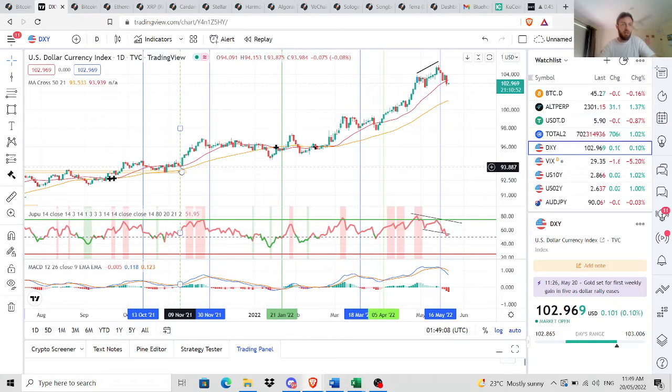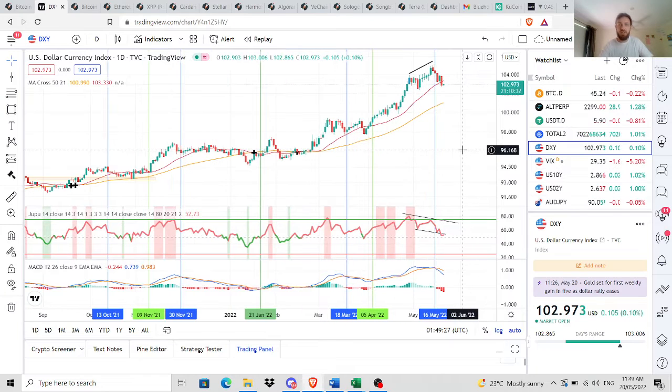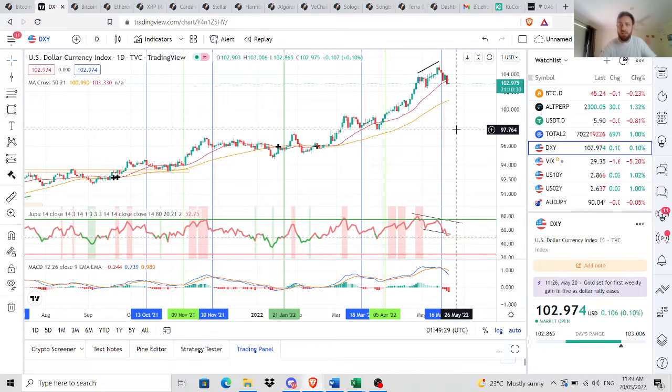I'm in the trade. Then this is your confirmation, and then we come up, we peak out, we come back down, find support on the previous top, we break out of resistance, we pull back, we put in a higher low, continue the bullish trend. You're saying bearish so much for cryptos, but this is the dollar.